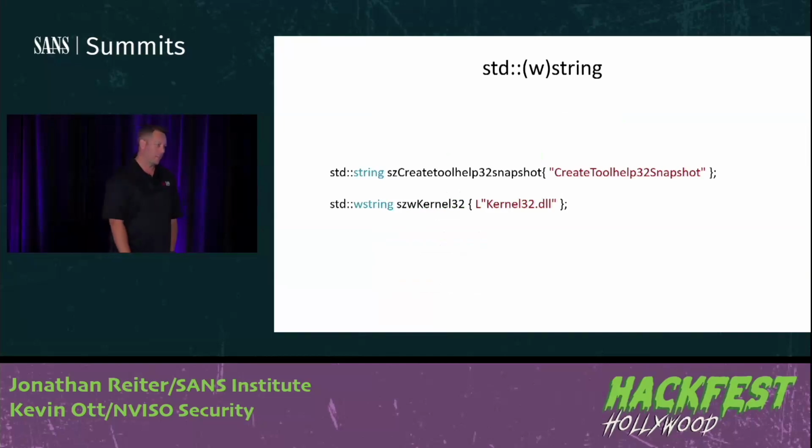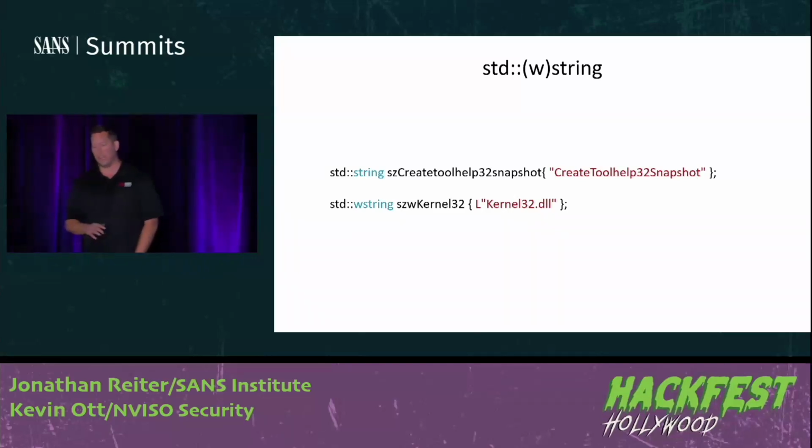Moving over to std::string and std::wstring, I kind of showed this already with the brace initialization, but I'm calling it out on its own specific slide of how you could create some strings inside your program. Now, OPSEC-wise, when you're creating implants to be used for red team engagements or pen tests or whatever, you would not go around just saying CreateToolhelp32Snapshot or kernel32.